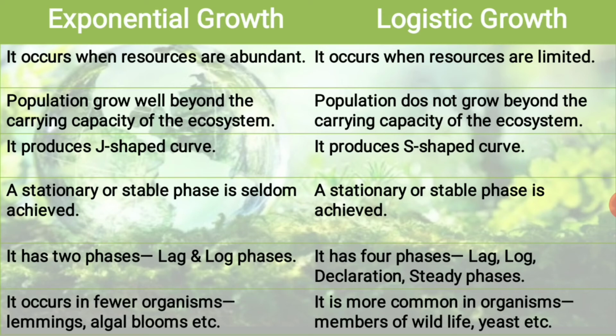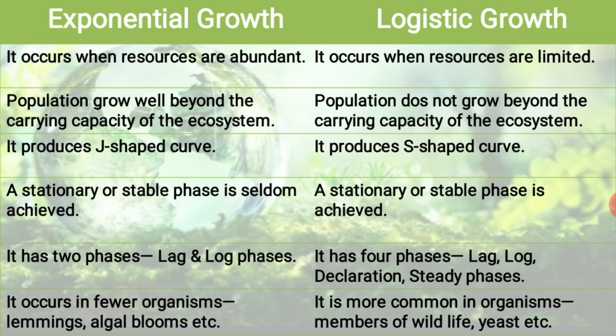The exponential growth curve is mainly a J-shaped curve, but the logistic growth curve is an S-shaped curve. A stationary or stable phase is seldom achieved in exponential growth, but a stationary or stable phase is achieved in logistic growth.